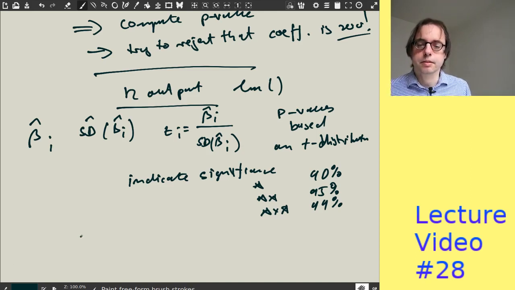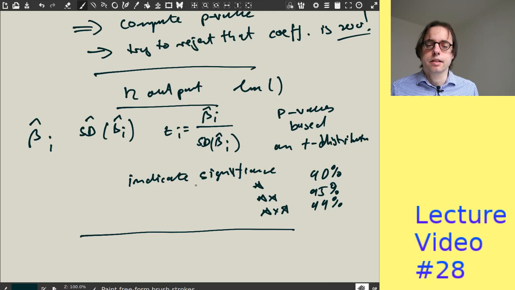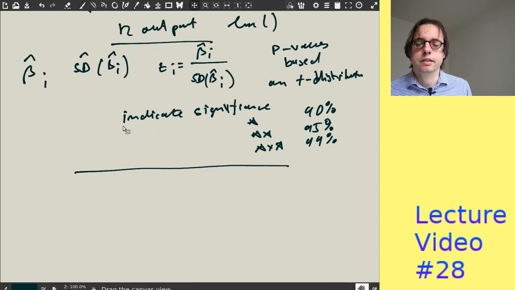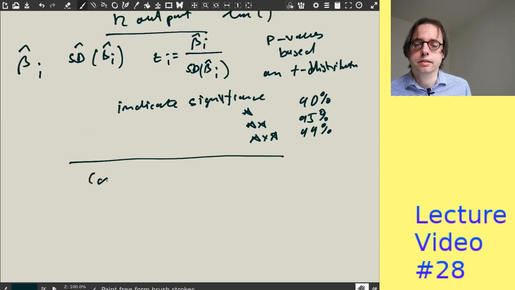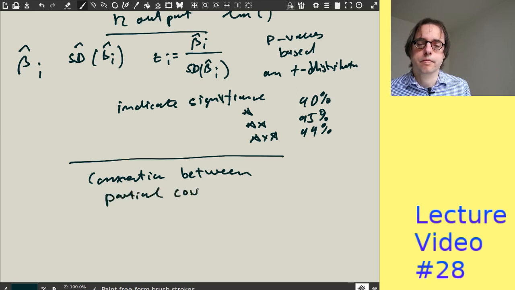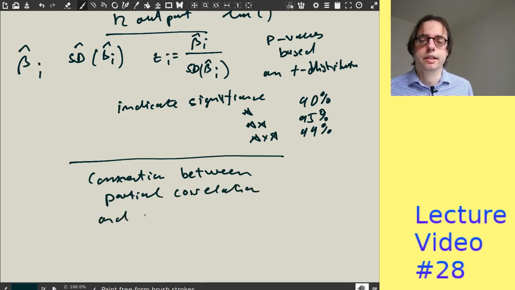So the intriguing thing is that there is a connection between the partial correlation and the regression t-score, and it turns out that they're actually doing exactly the same.